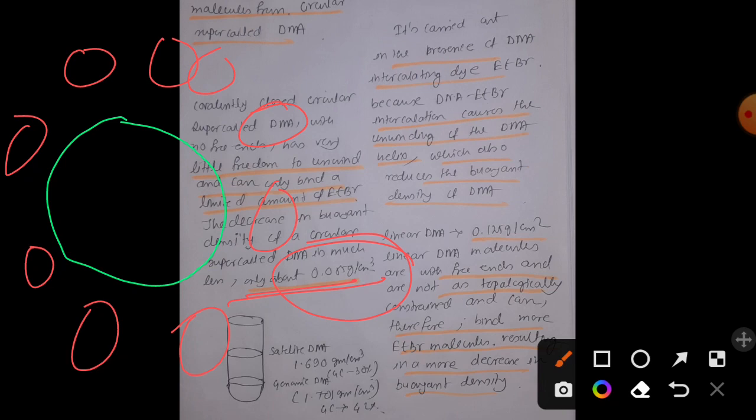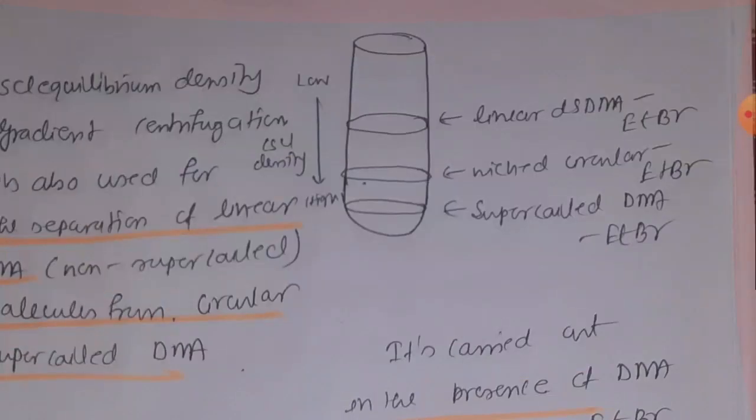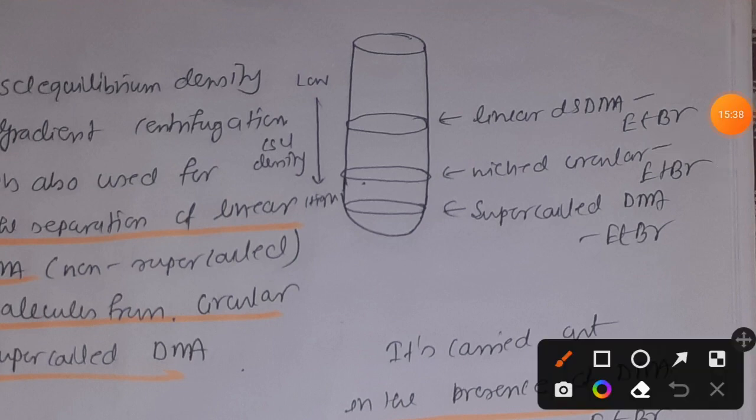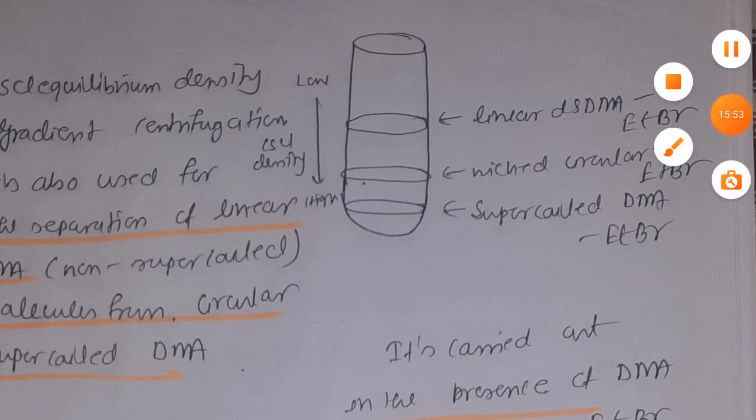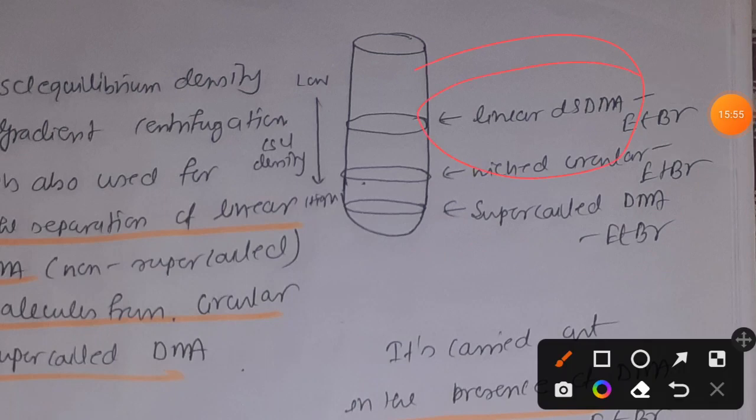That is why during this kind of separation, remember it very carefully that the covalently closed circular supercoiled DNA molecule, or any kind of DNA molecule which is supercoiled, will have a greater buoyant density. But in case of linear DNA molecule, which is not topologically constrained, a larger amount of ETBr can bind with it, right?